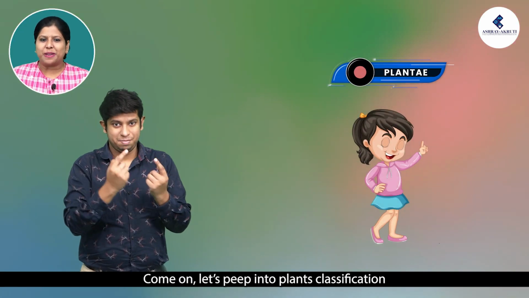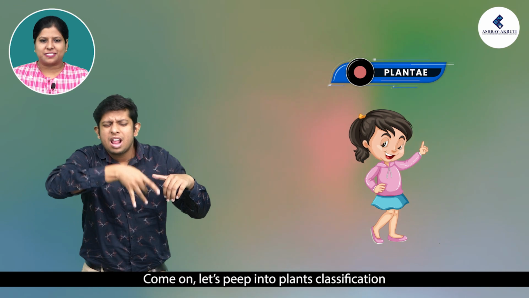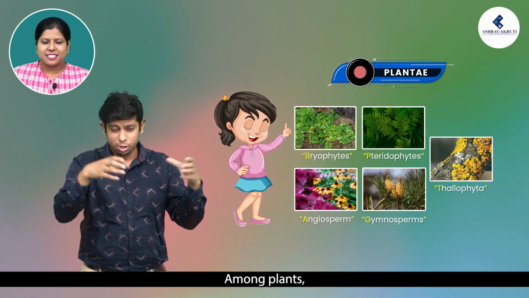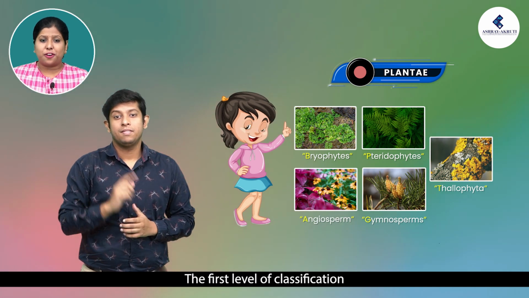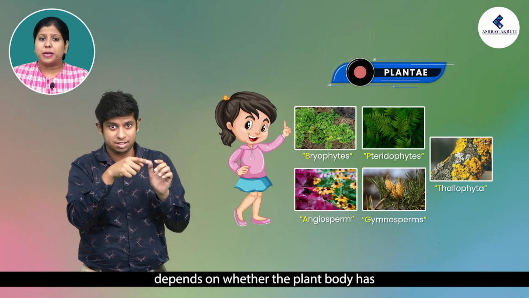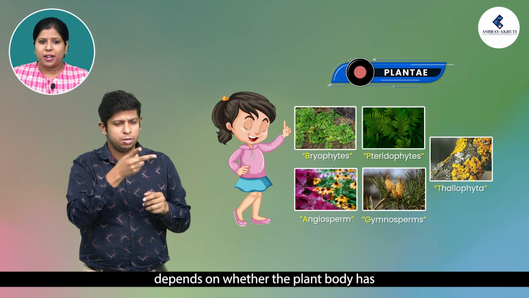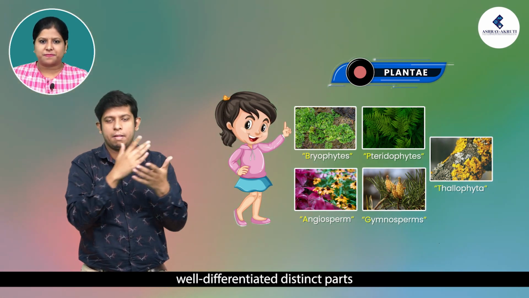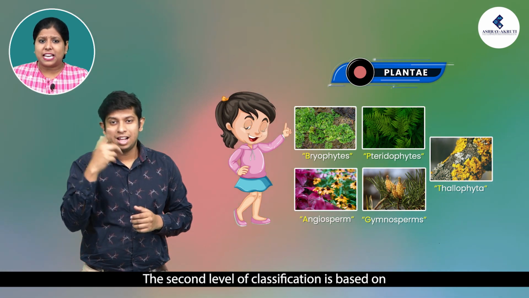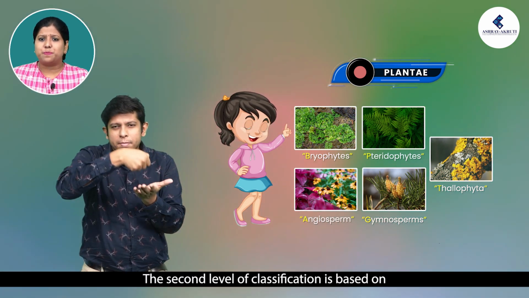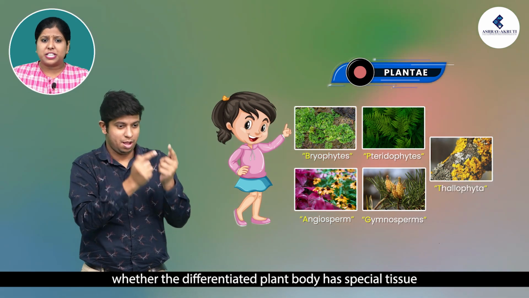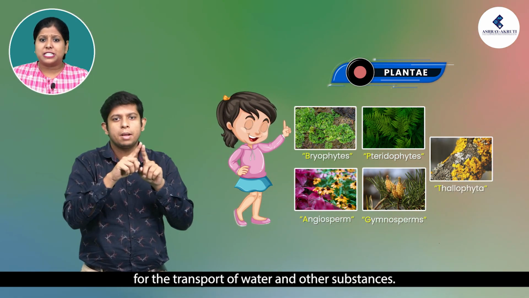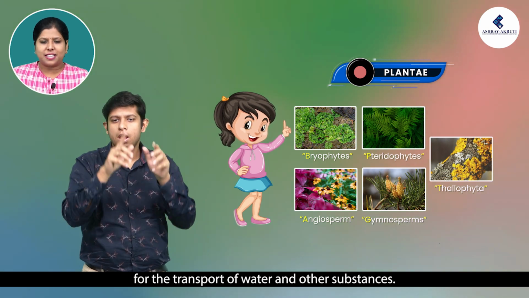Come on, let's peep into plants classification. Among plants, the first level of classification depends on whether the plant body has well differentiated distinct parts. The second level of classification is based on whether the differentiated plant body has special tissue for the transport of water and other substances.